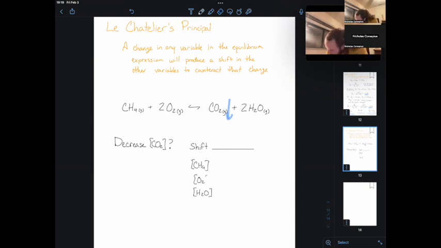So I guess I got to replace this with my other reactant here. If I decrease the concentration of my product, it has the same effect of increasing the concentration of my reactant. That also is going to cause the system to shift to the right, meaning that my reactant concentrations will decrease and the water concentration will increase.